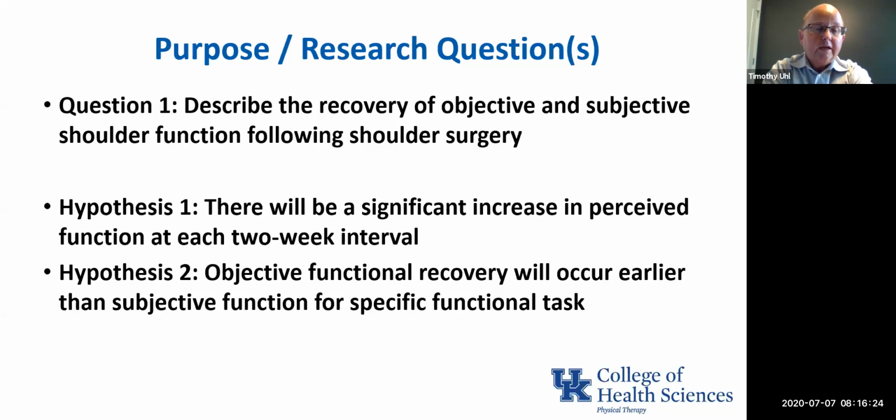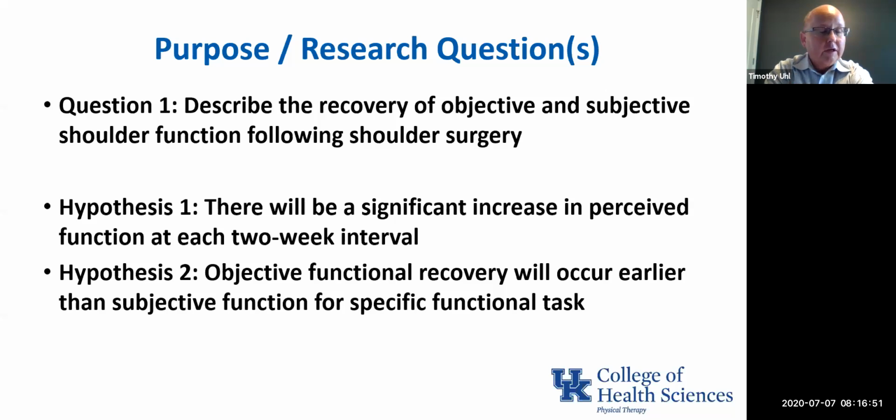However, as you do that, you want to make sure that if you're going to have multiple hypotheses or a question and a hypothesis, you address that in your statistical approach. So as I go through this, I have different statistical analyses that I'm using to answer question one just to describe it. So that's a descriptive. The second issue is a hypothesis.